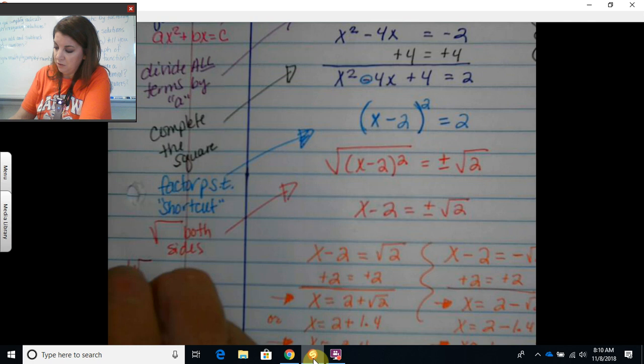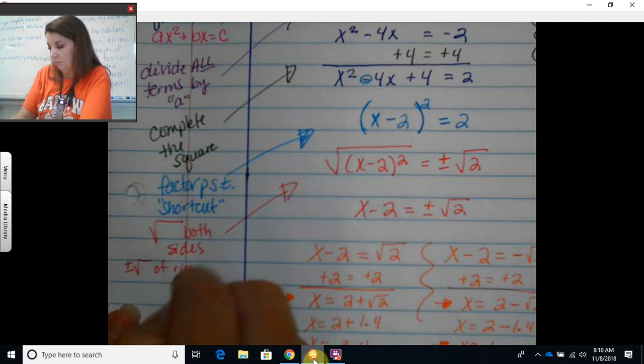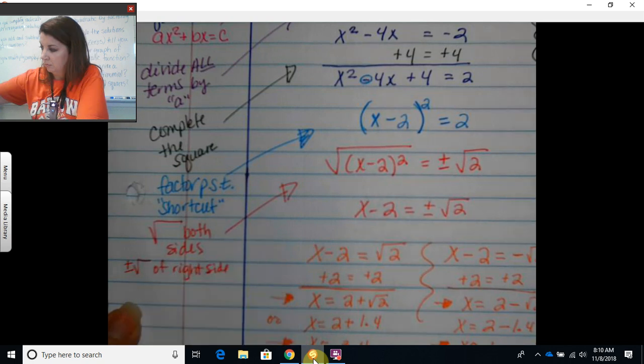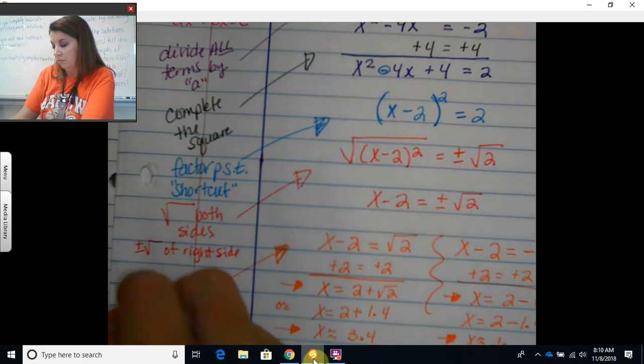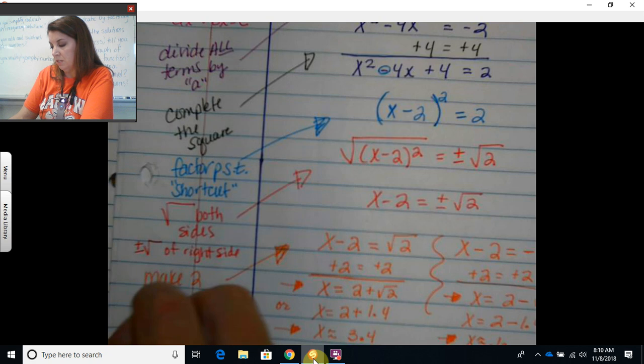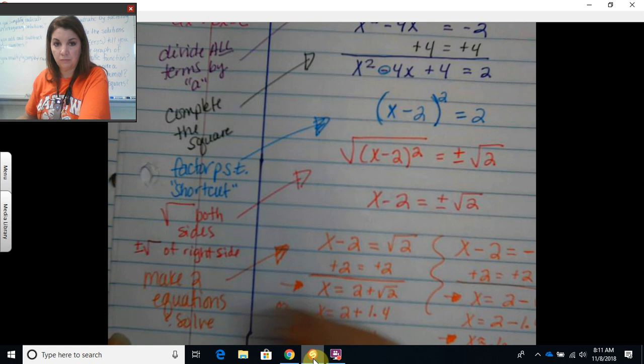Square root positive negative square root of right side. Make two equations and solve.